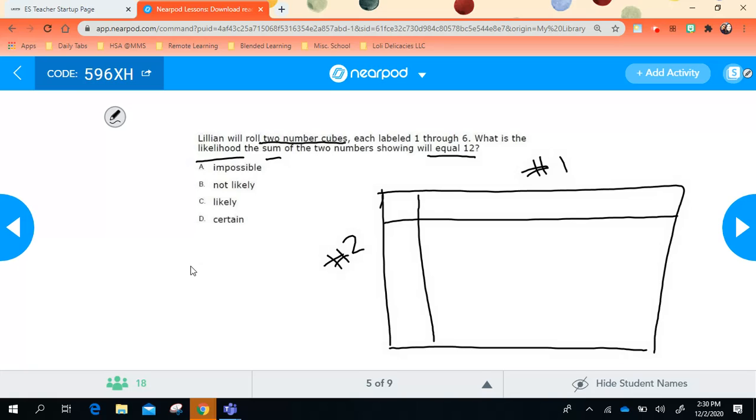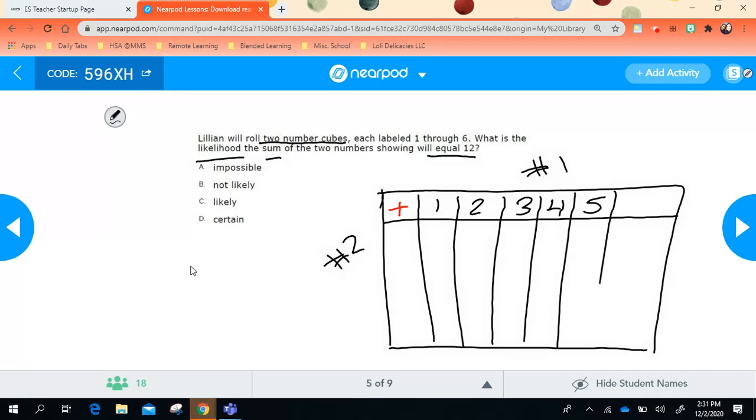When I do sum, what does that mean? Am I adding, subtracting? What am I doing? I'm adding. So I'm just going to put a little plus here so that I don't forget to skip that space and so that I remember I'm adding. And I'm going to list them out. 1, 2, 3, 4, 5, and 6. Same thing going down.